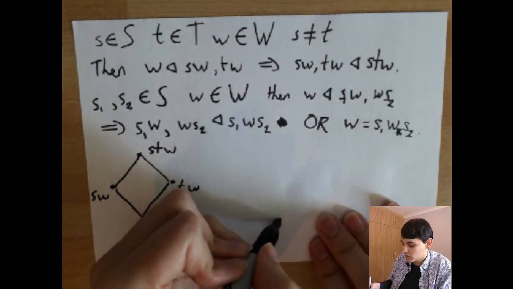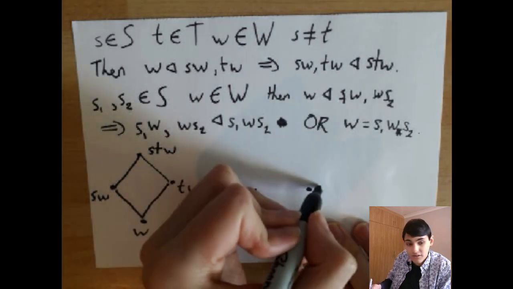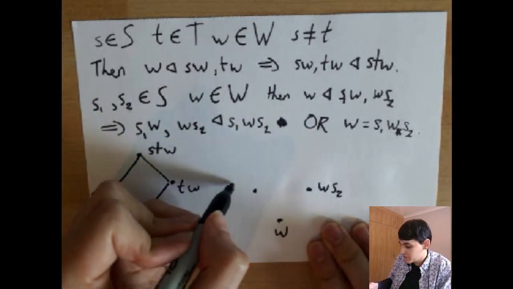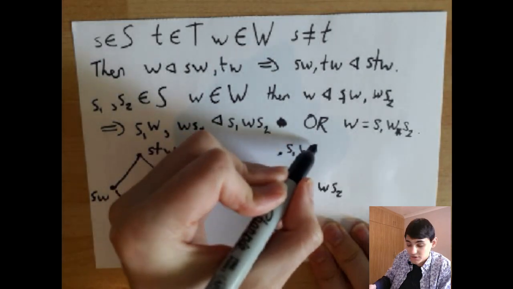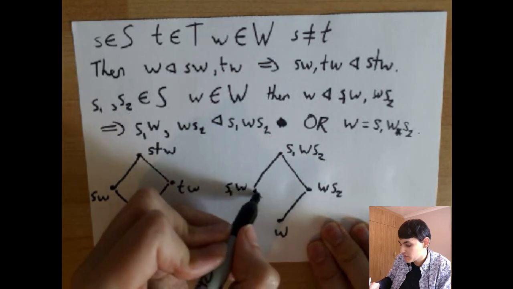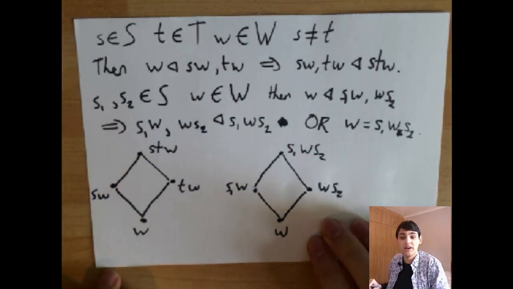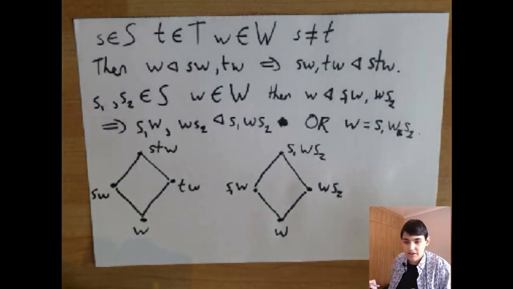And for the second one, you've got W down here, WS2, S1W, and S1WS2, and that looks something like this.